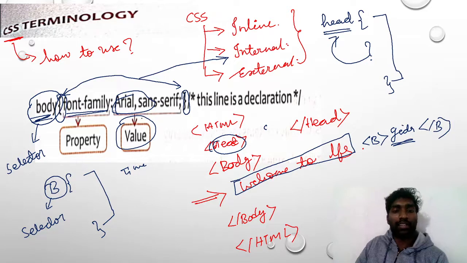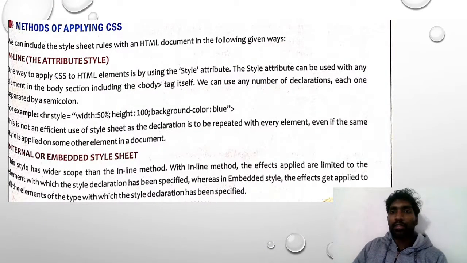Like that, so many styles are there. Again I'm saying, here is a property. If you want bold, you may give the property and value. Now see here, this is CSS, this is a method. Once again I am saying, if you want to write CSS, we have to mention the selector. Selector means what? Tag.